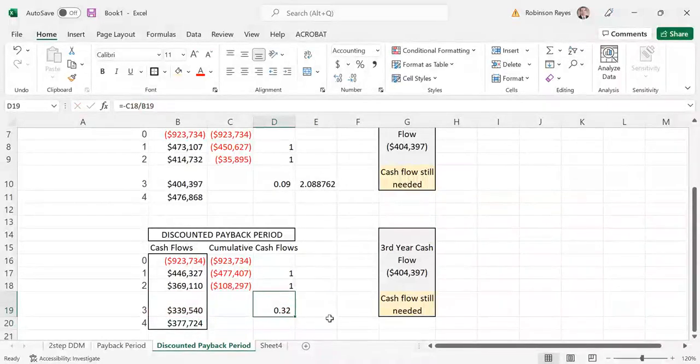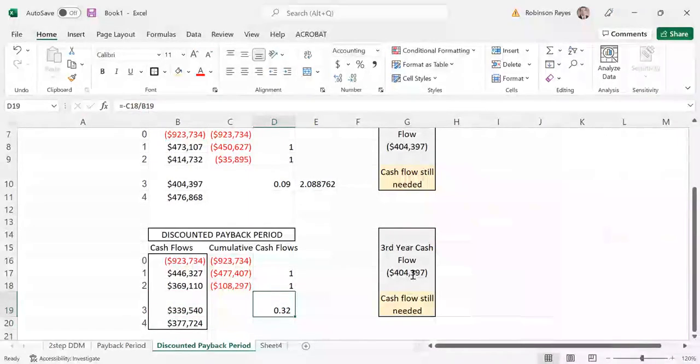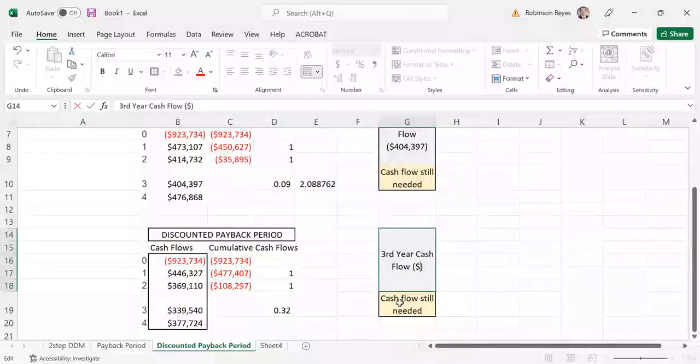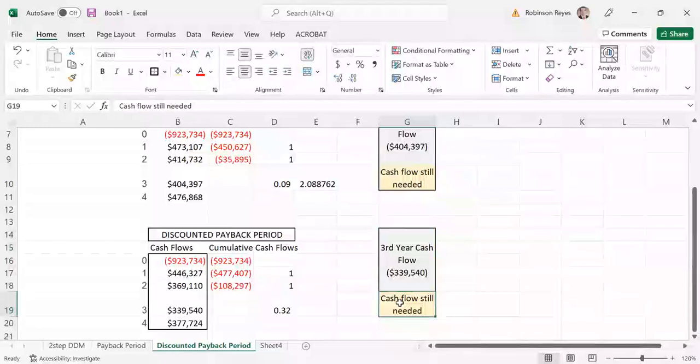So we need almost 30% of that third year. Now, by the way, here we had the non-discounted cash flow, but now the discounted cash flow of the third year is no longer 404,000, but it is 339,540, right?